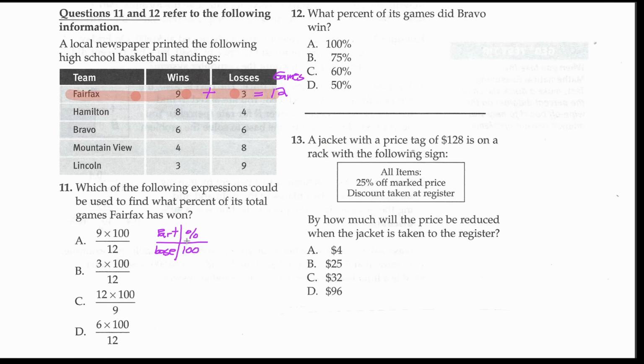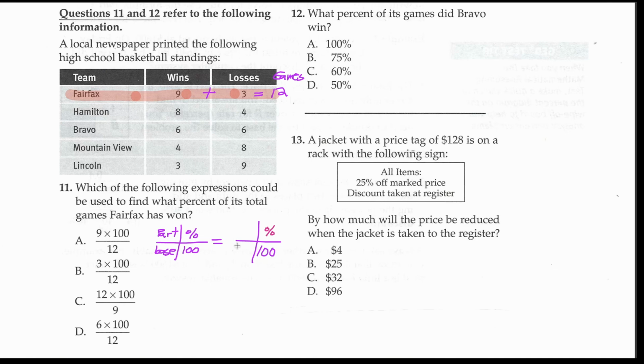Okay, so now let's use that information again to solve for the question. Okay, let's put that one here. So remember the 100 goes here. Which of the following expressions could be used to find what percent? So we don't know what percent. Therefore, the percent symbol is right there. It's missing. Now, could be used to find what percent of its total.